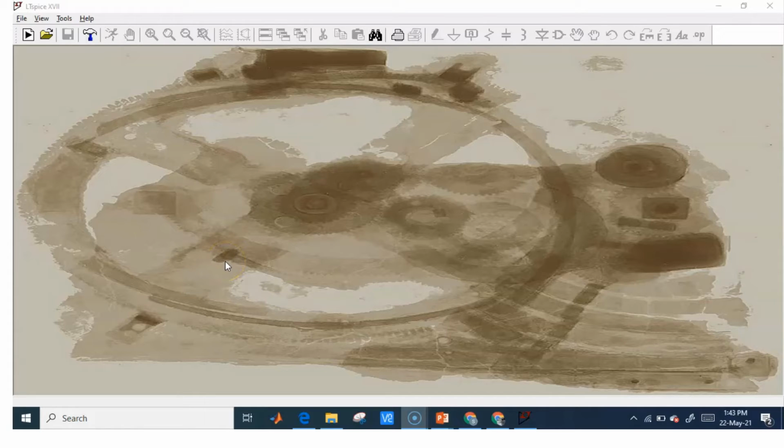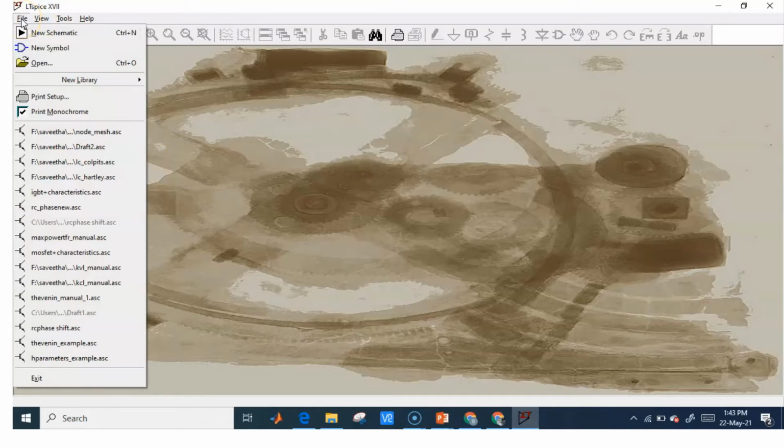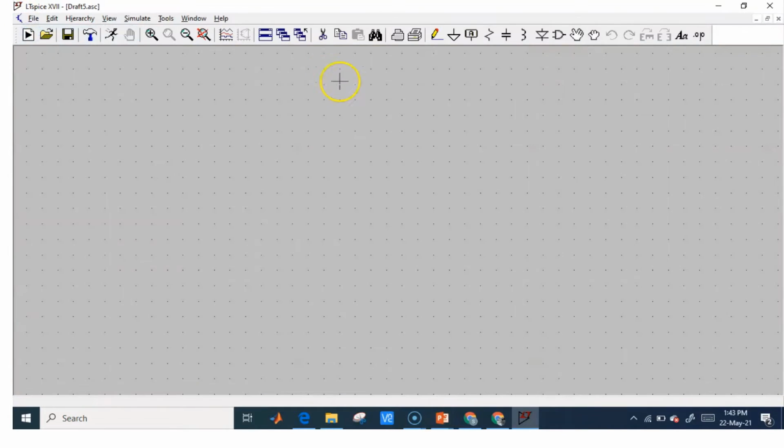Now we are going to verify the superposition theorem for the given circuit using LTspice simulation. So let's connect the circuit first. File, new schematic. Here we have 5 different resistors in our given circuit. Using control, I am rotating the resistors.